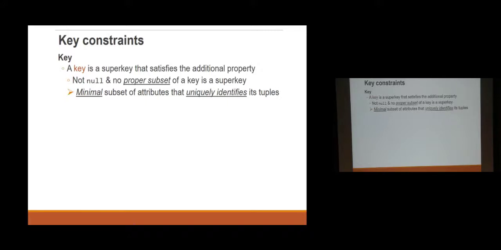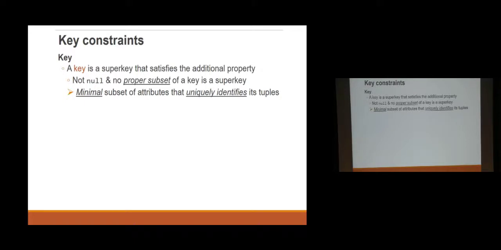Mathematically, they are different. Because it is minimal, you try to remove attributes one by one. If you can remove one and it is still a super key, then before you removed it, it was not minimal. So you need to be careful here, because this is minimal, not minimum.